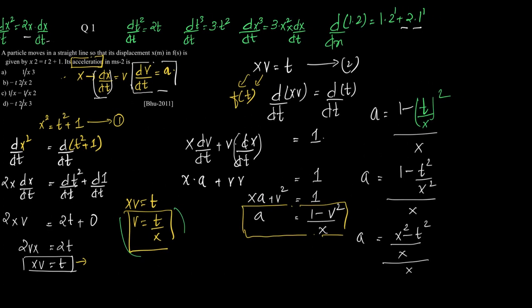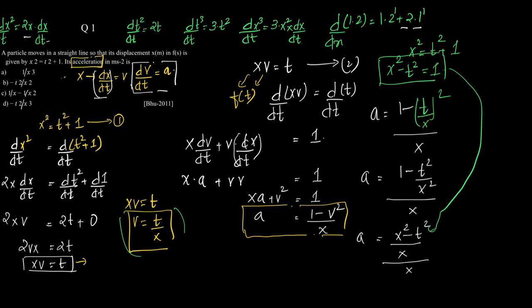Now, can we make any further changes here? Yes. See, what is given in the question? The question is given that x square is equal to t square plus 1, which means x square minus t square is equal to 1, right? So if I bring this x square minus t square is equal to 1 into this equation, what do I get?